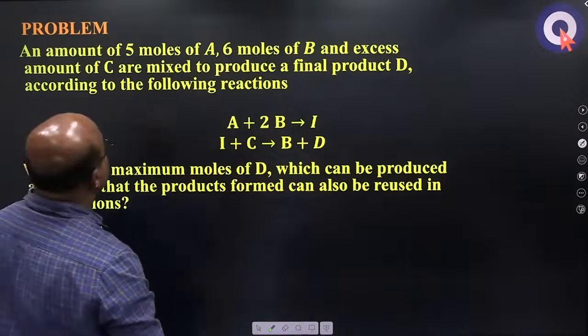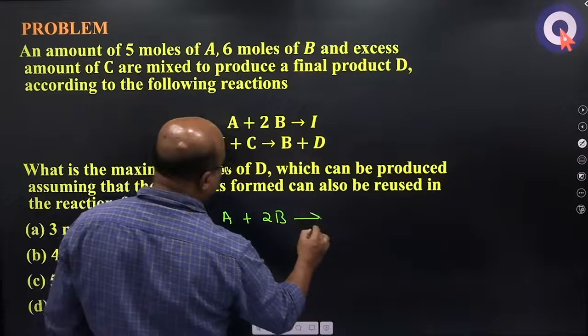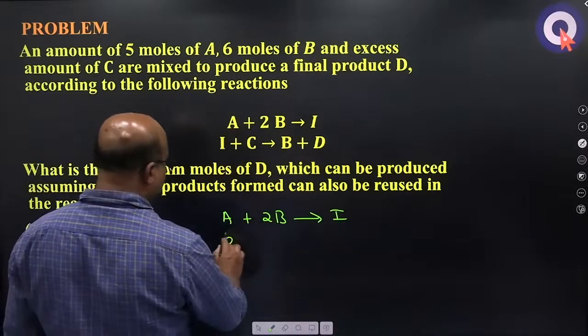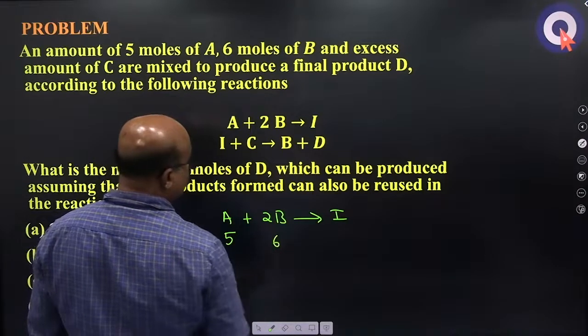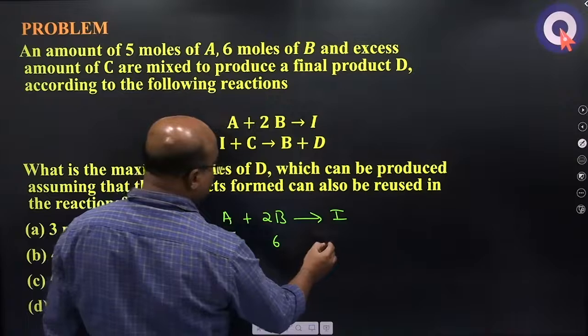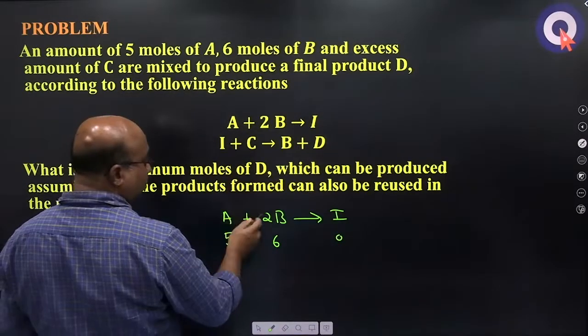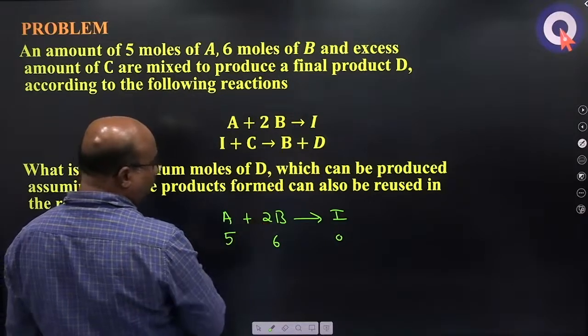So as you see, A plus 2B is giving first I. How many moles of A are there? 5. How many moles of B are there? 6. Initially I is 0. But 1 mole of A will react with 2 of B. So 5 moles should react with actually 10 moles.